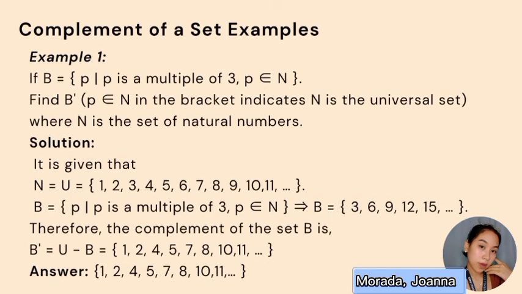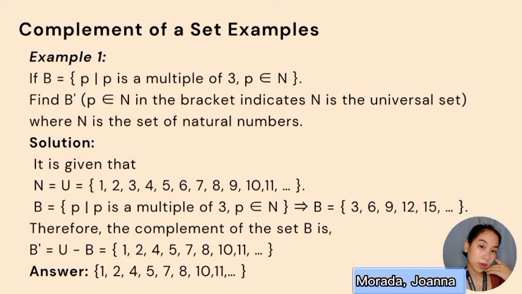Complement of a set, example number 1. If B is equal to the set of P, where P is a multiple of 3, P in N, find B'. P in N in the bracket indicates N is the universal set, where N is the set of natural numbers. So here's the solution.